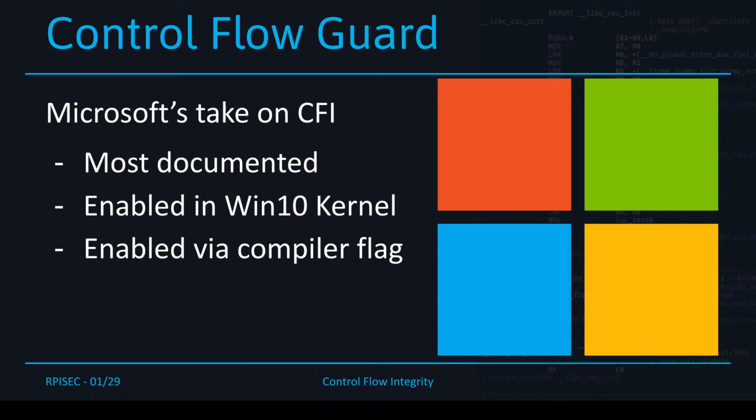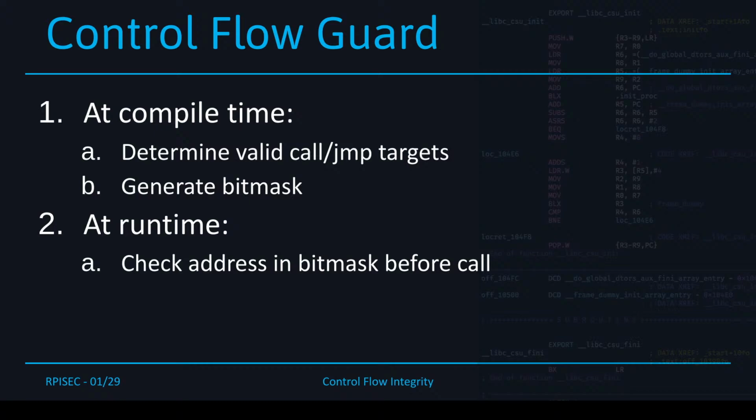So as of Windows 10, if you're trying to exploit the kernel, you will have to be dealing with control flow guard, and you'll have to be bypassing it. However, when you're compiling a user space program, it's not enabled by default, and so you do have to pass, I believe it's /guard, as a flag to the compiler to enable it.